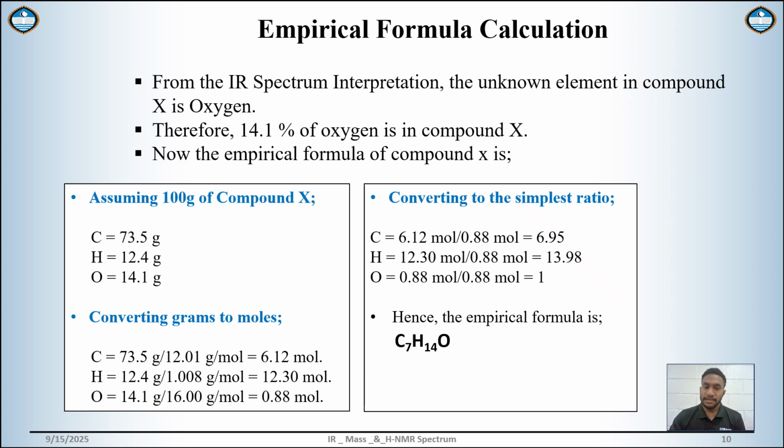For hydrogen, 12.30 mole divided by 0.88 mole gives 13.98, which rounds up to 14. So therefore there will be 14 hydrogen in compound X.